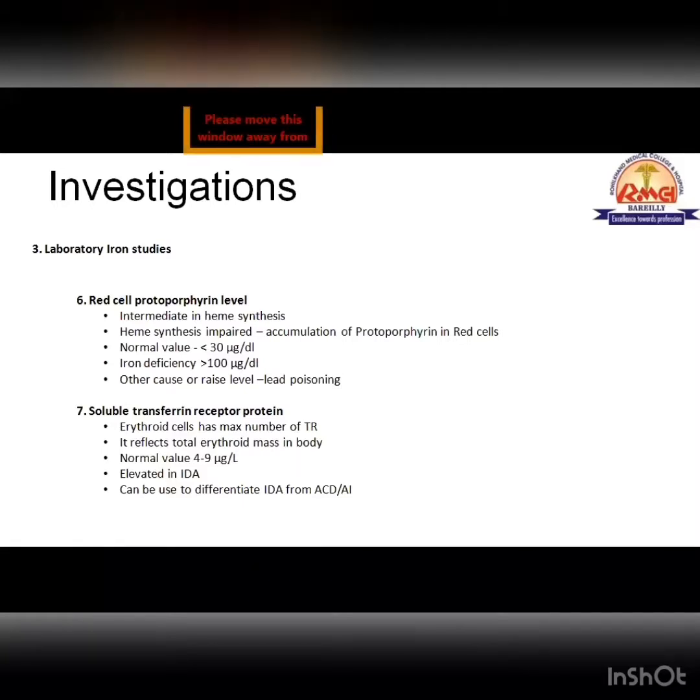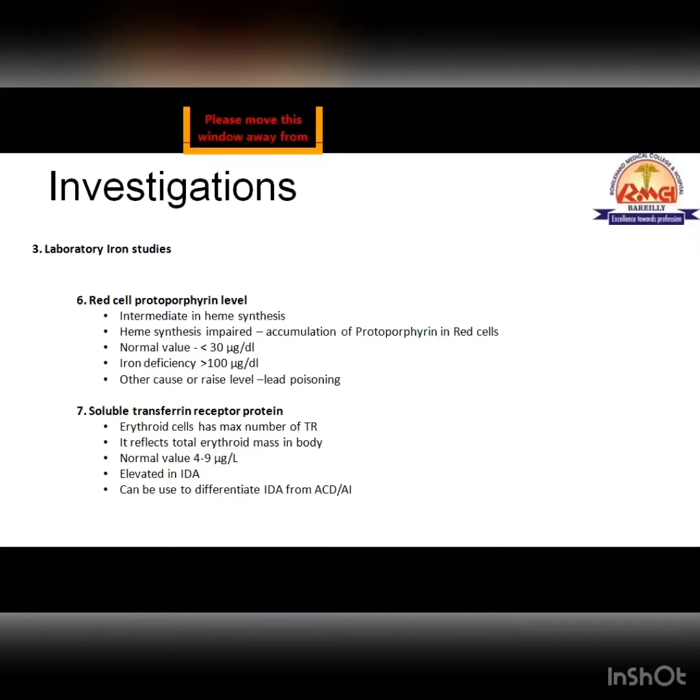This means the transferrin receptor sitting inside the cell, if the cell is deprived of iron, will move over to the surface. That means the transferrin receptor expression will go up. If there is less iron supply, as in iron deficiency anemia, this transferrin receptor will increase, and this is the propensity of the transferrin receptor to leak into the plasma.